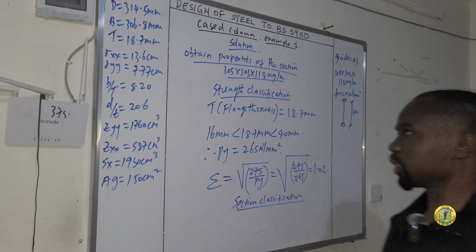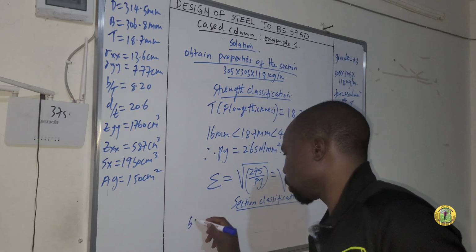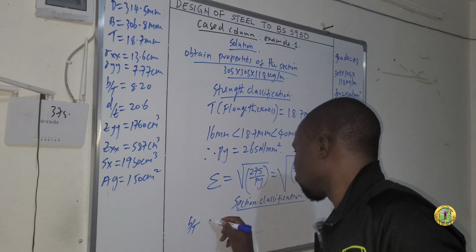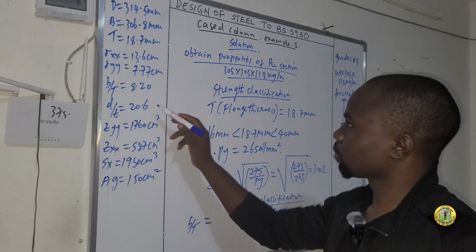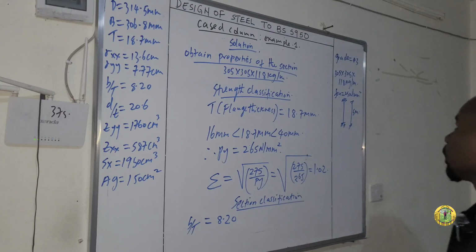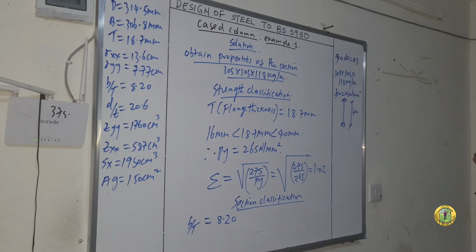So for section classification, we will use the ratios. The first ratio to use is small b over capital T. So this will be for the flange. So this one is equal to 8.20. Again, BS5950 provides a table that guides you on how to classify the section of a steel.